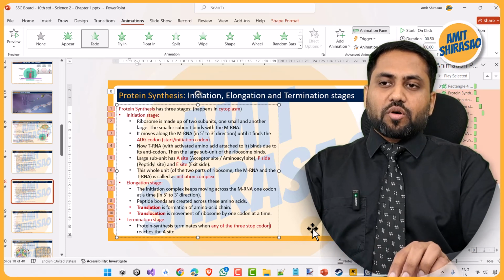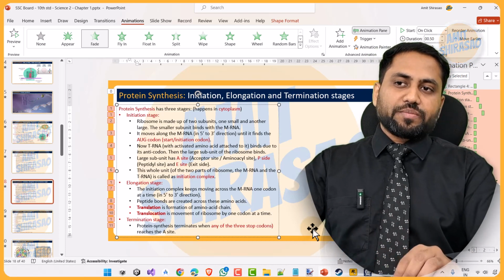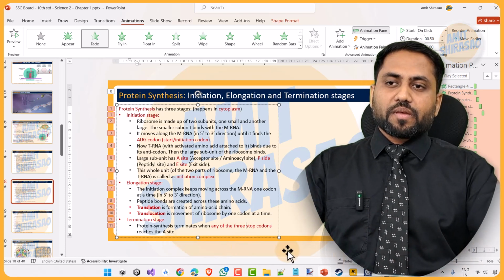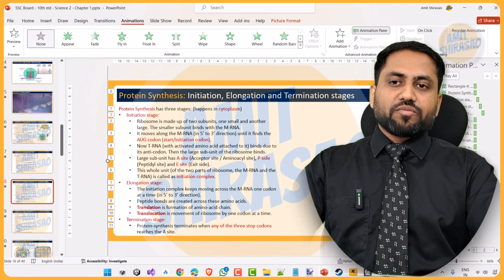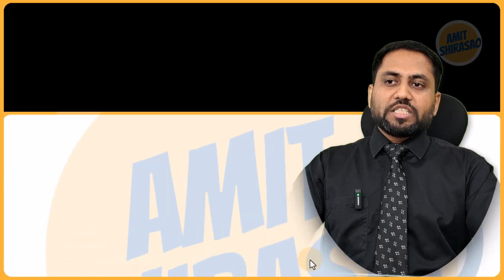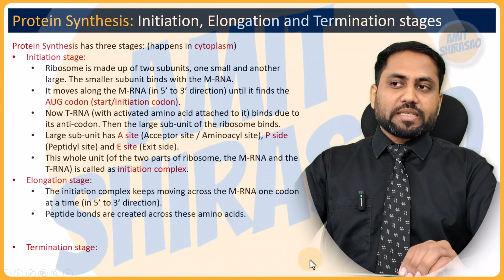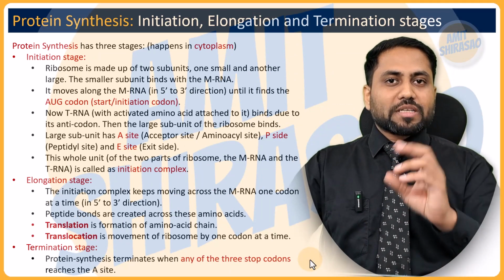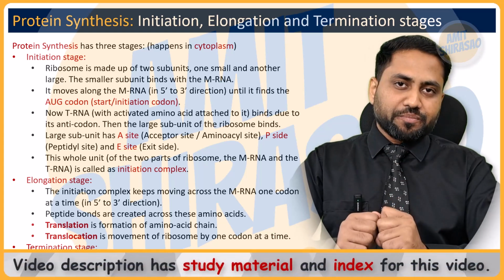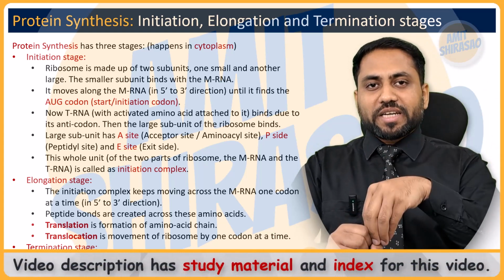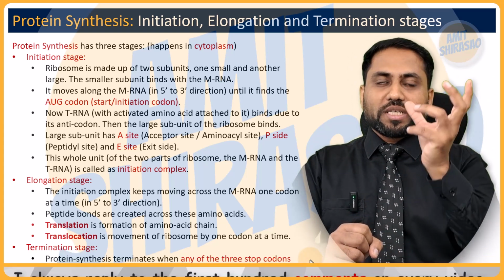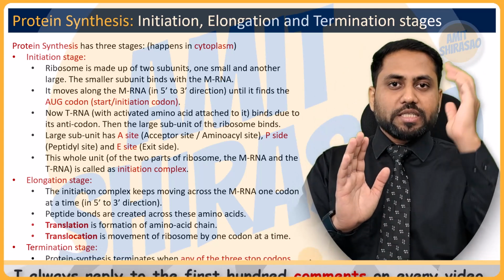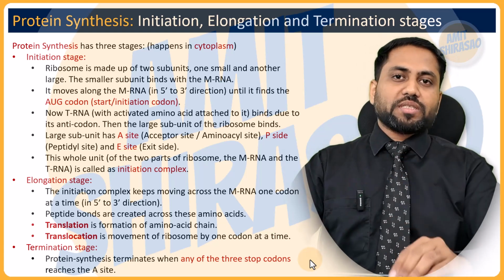When any of the three stop codons reaches your A site, protein synthesis stops, because a stop codon does not have an amino acid associated with it. Whichever tRNA comes and attaches does not have an amino acid on it, so a peptide bond cannot be formed. It gets released as it is, and the protein synthesis stops.